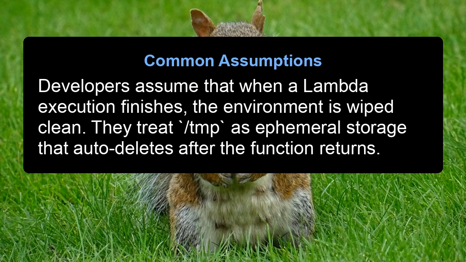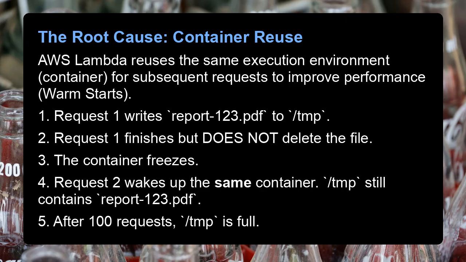Common assumptions. Developers assume that when a Lambda execution finishes, the environment is wiped clean. They treat /tmp as ephemeral storage that auto-deletes after the function returns. The root cause: container reuse. AWS Lambda reuses the same execution environment container for subsequent requests to improve performance. Warm starts. 1.